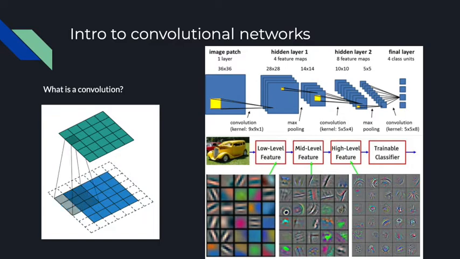In the GIF, you can see a 3x3 kernel being applied to the image. Basically the operation is that you multiply the kernel with values in the image and sum that together to get one value in the output, which is the green square on top.